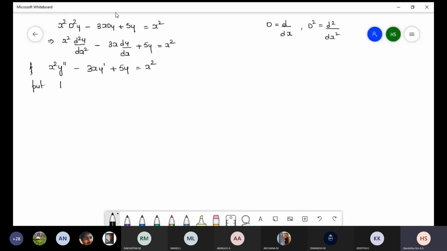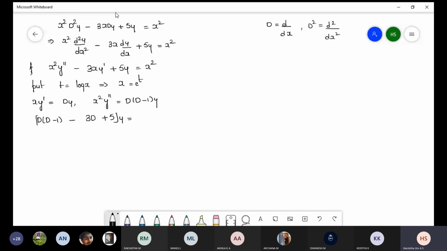Put t is equal to log x. So x is equal to e power t. x y dash is equal to Dy, x square y double dash is equal to D into D minus 1 into y. Substitute in the above equation. So D into D minus 1 minus 3D plus 5 whole into y.